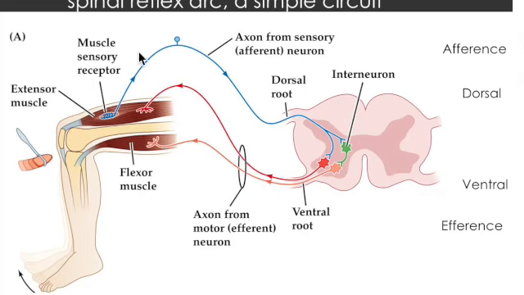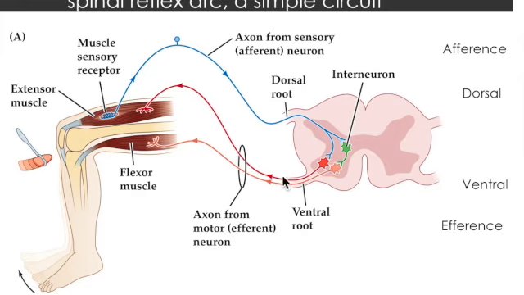So what that input or afferent axon does is take information from the muscle sensory receptors through the dorsal root of the spinal cord, and this then gets converted into two outputs. Again, one input, two outputs.